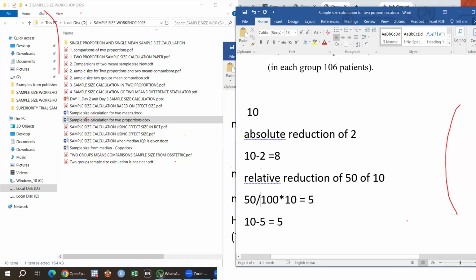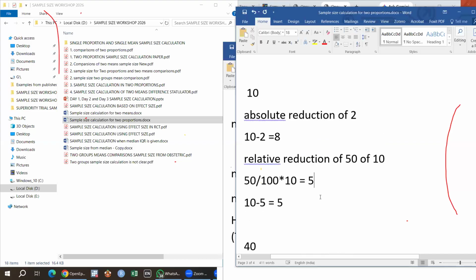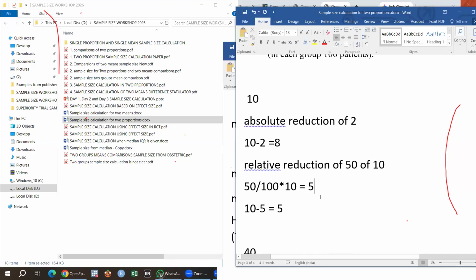So this is the calculation of relative reduction. This is the formula. If I say a relative reduction of 30 of 20, the actual value is 20, but it is a relative reduction of 30. So what do I have to do? I have to write down 30 by 100 multiplied by 20.